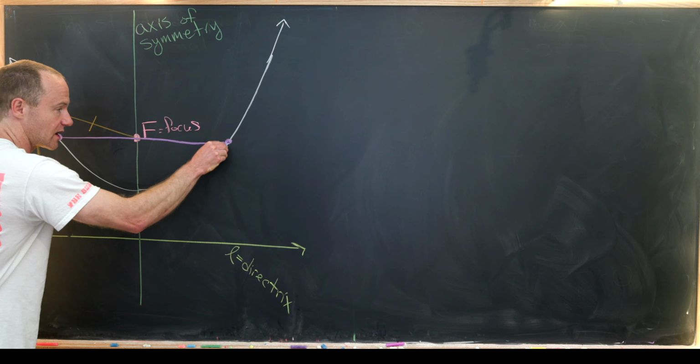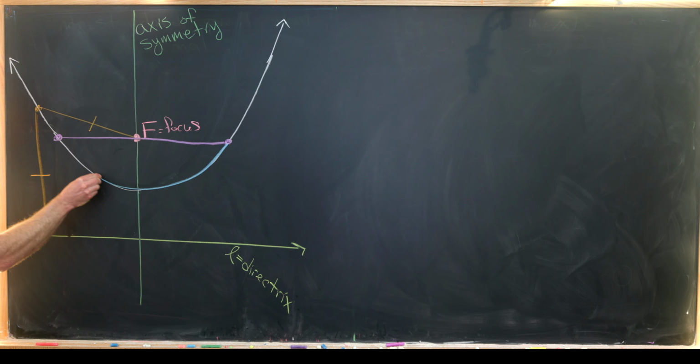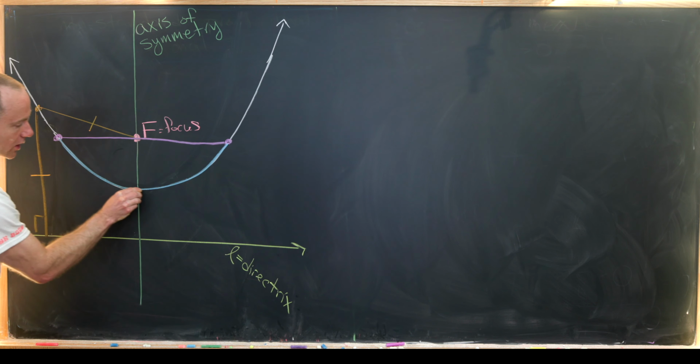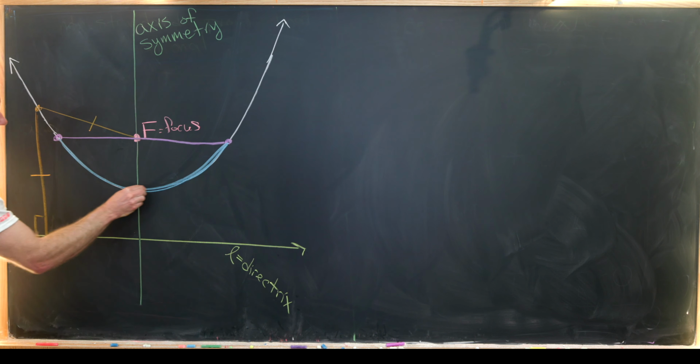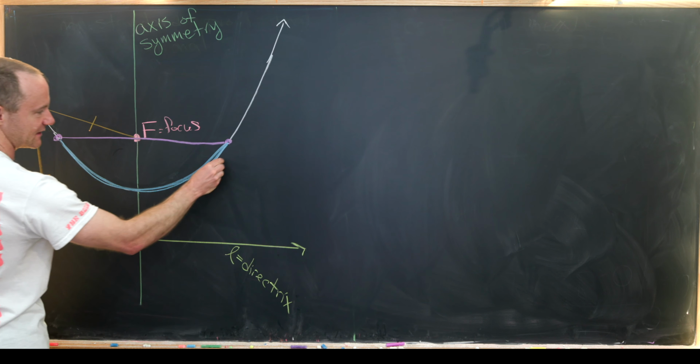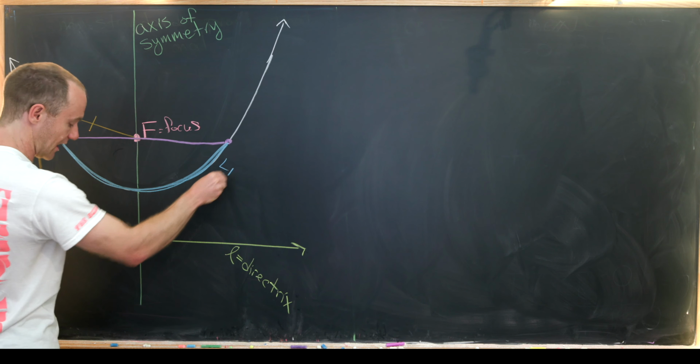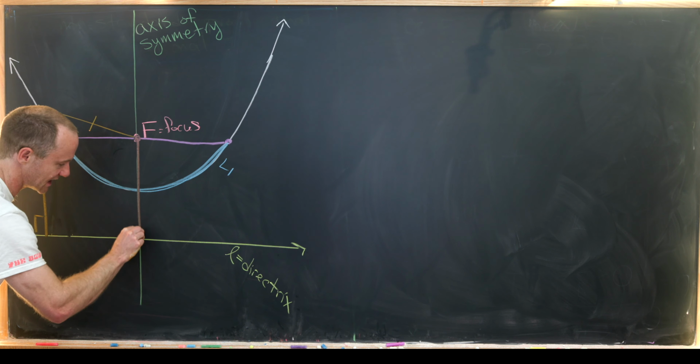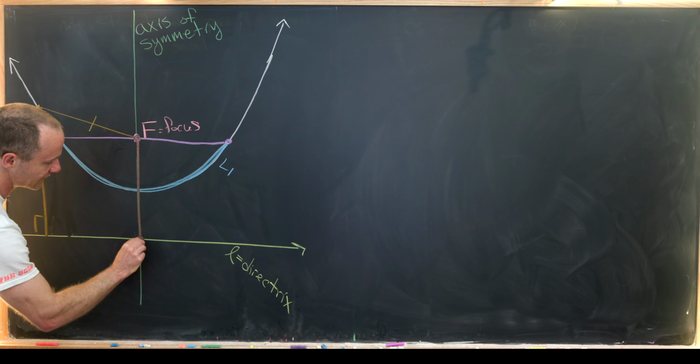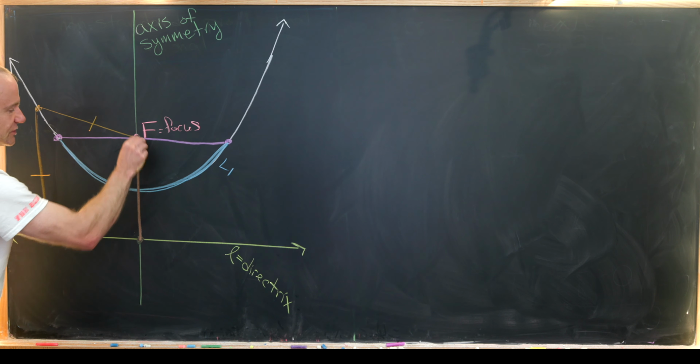And then once we have that in place, we can define this parabolic constant. This parabolic constant is the length of this blue arc. So that's a certain arc of the parabola. Maybe I'll say that that has length L1. And then divided by the length of this brown line segment, which is the distance from the directrix up to the focus.